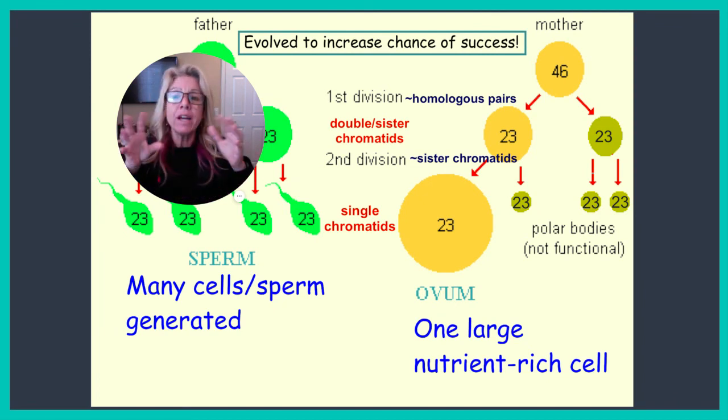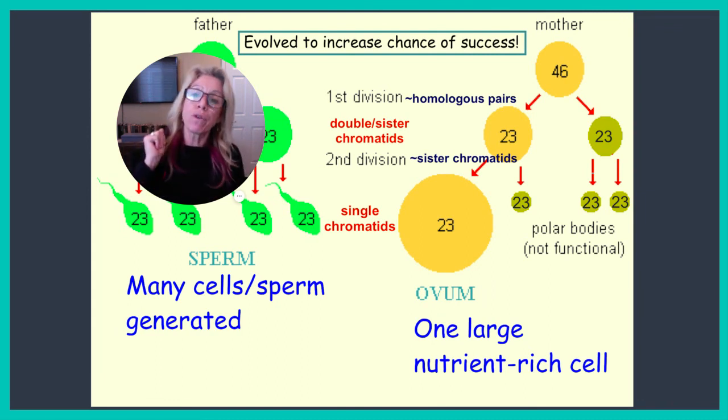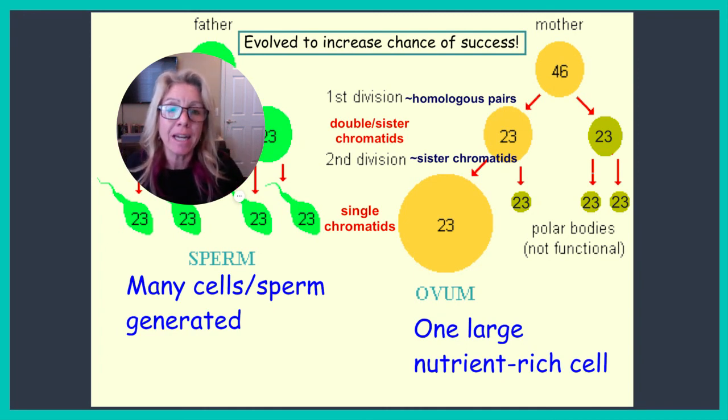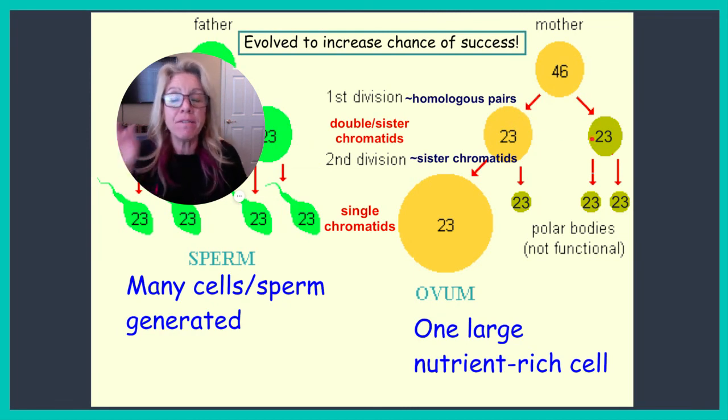If you divide every cell evenly, then each egg would have half as many nutrients and then half as many again. So we go for quality over quantity. As females, we want to have as many nutrients as we can and increase the chances of success. So we do uneven cytokinesis.